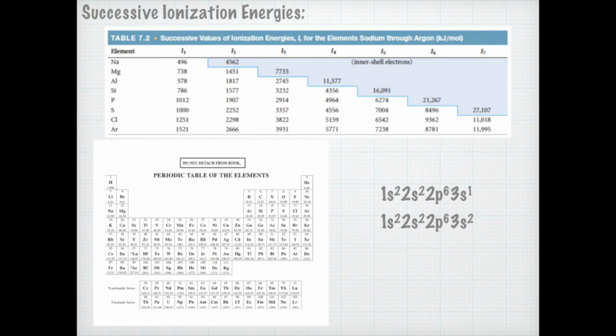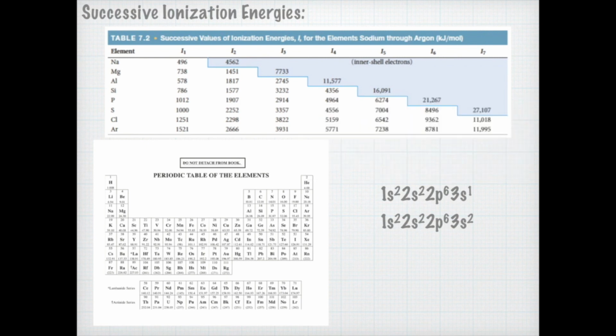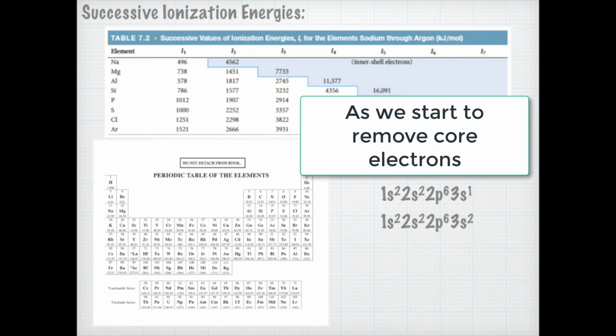But as soon as you start trying to remove electrons from the inner shell, the 2p, that's going to require quite a bit more energy, in fact almost 7 times as much energy as it took to remove that second electron. And so, as you can see, ionization energies will increase as you remove the first, the second, the third, but then you're going to have big jumps as you start removing electrons from the inner shell of electrons.